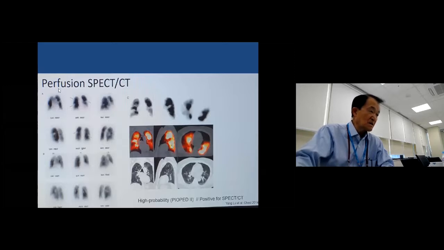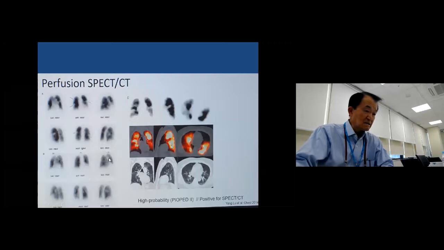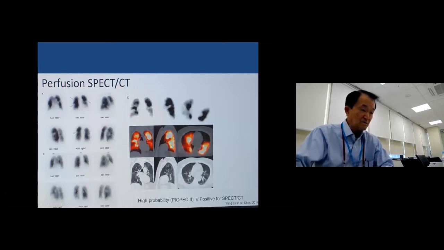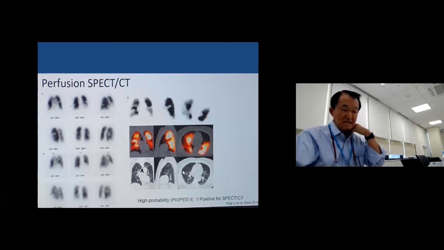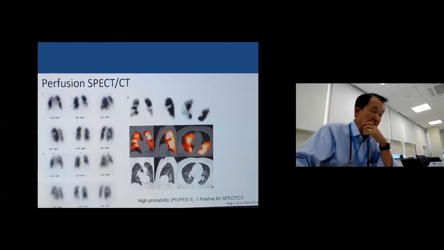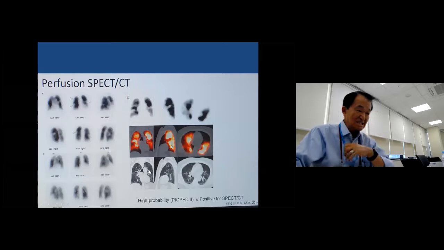Here you have multiple bilateral perfusion defects, and the ventilation is normal, mismatch, multiple, that's high probability. And nowadays we use SPECT CT to locate the defect more precisely, and then look at CT for the vascular defects.